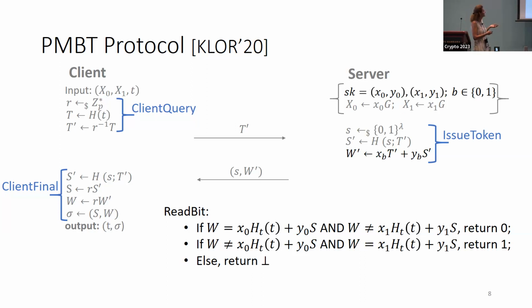When doing the redemption, it's just checking which pair of the secret key satisfies the equations, and accordingly it returns the bit, or it returns an error. And as I mentioned before, there is another algorithm in the interface, which is the verify algorithm, and the protocol implements this algorithm as returning always true. So again, the same question: does that mean that all the tokens that are formed are valid or not, or should we look at the read bit algorithm?